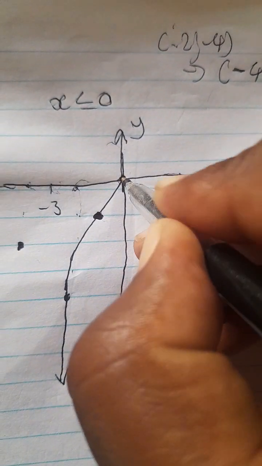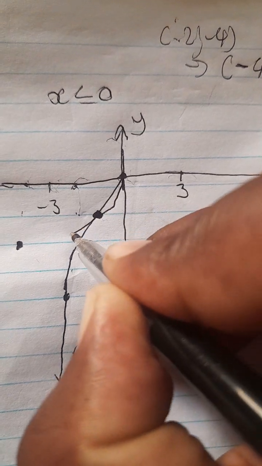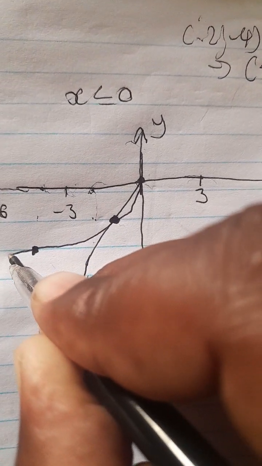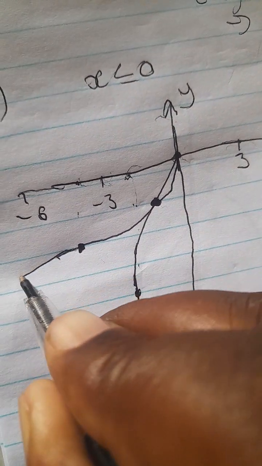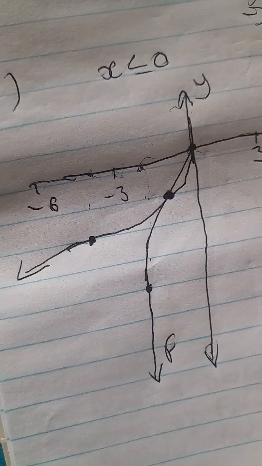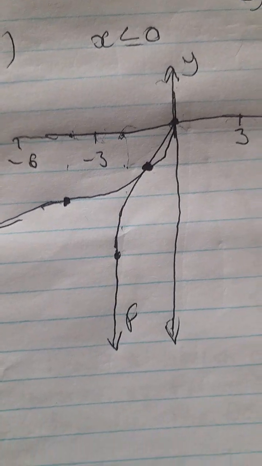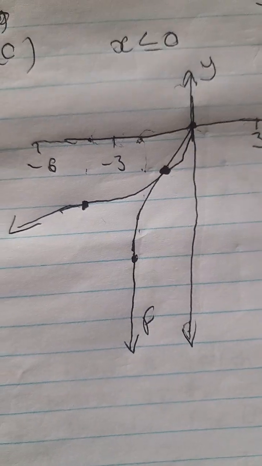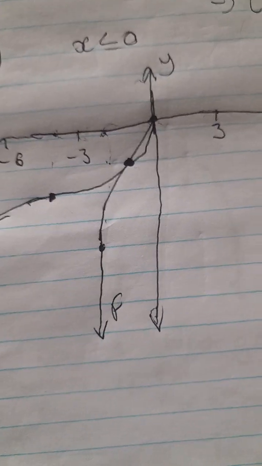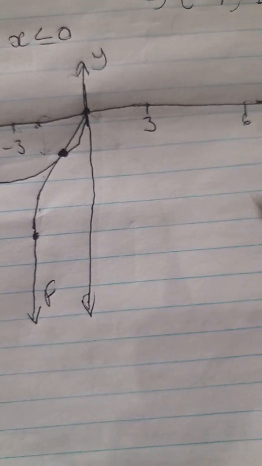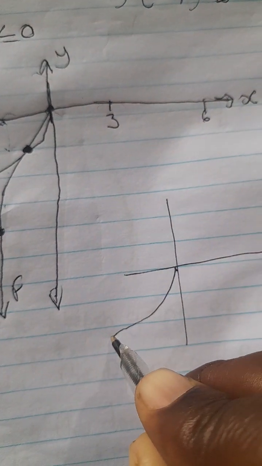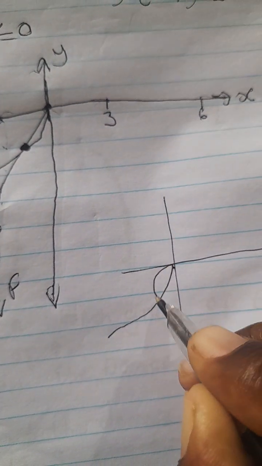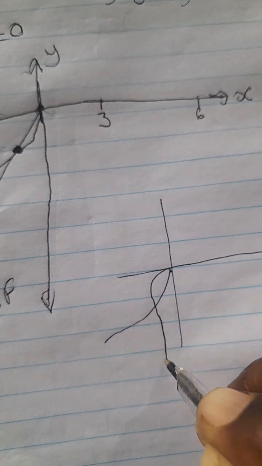So when you draw this, you're going to have something like this. Yes, when you've cut the arm, it should be like this. Sorry for my inaccuracy in terms of drawing, but you are going to have something like this. So in other words, it will be more of something like this, if I'm not mistaken.